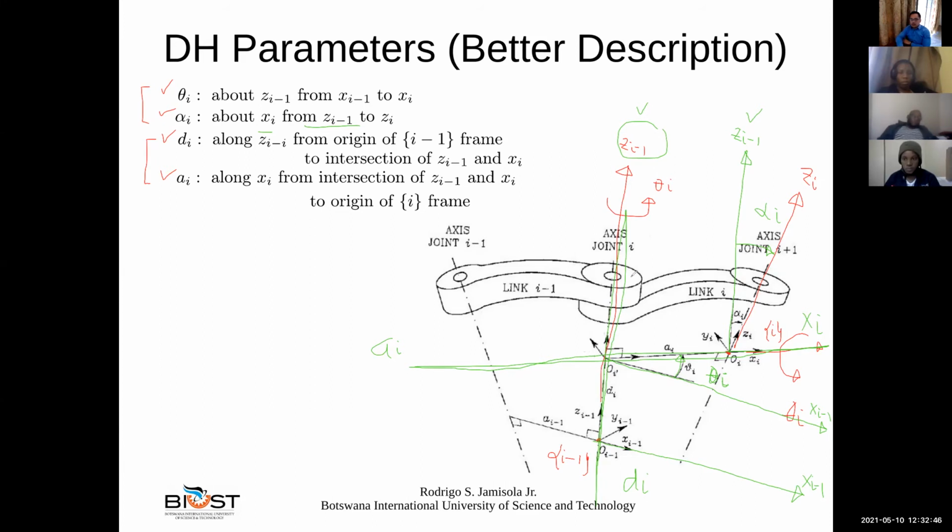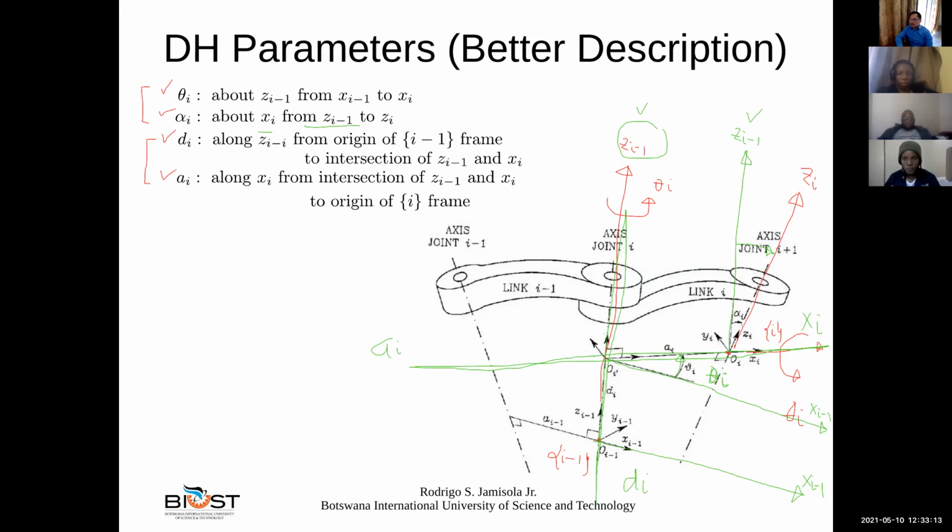In this case, so that we can easily imagine the rotation from zi minus 1 to zi, we transfer this axis to the origin, so that you can easily see how the angle is sweeping about xi from zi minus 1 to zi. Now those are the two angles.